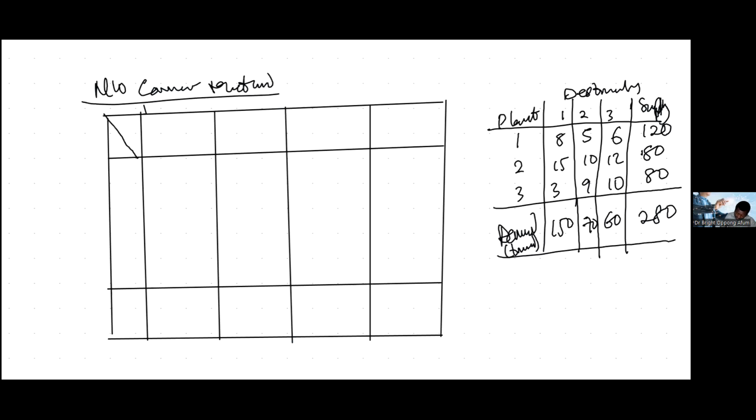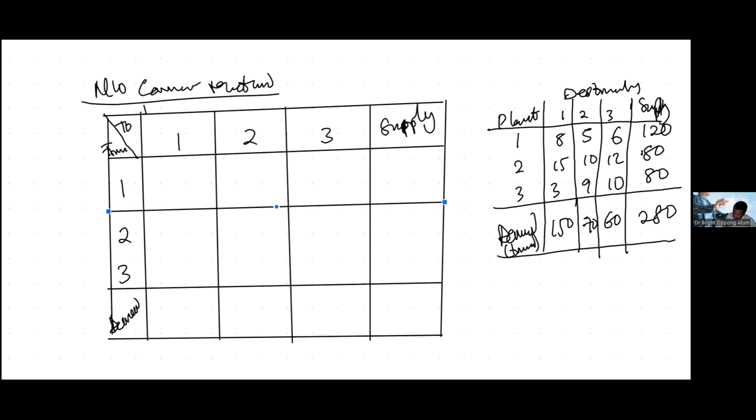Usually we have the 'to' here and the 'from' here, and we have the supply and the demand. How many sites? We have one, two, three destinations, and we have one, two, three supplies. Then the total demand here.